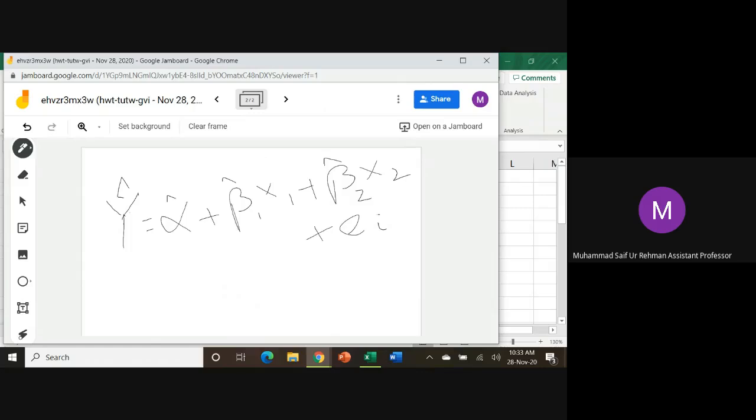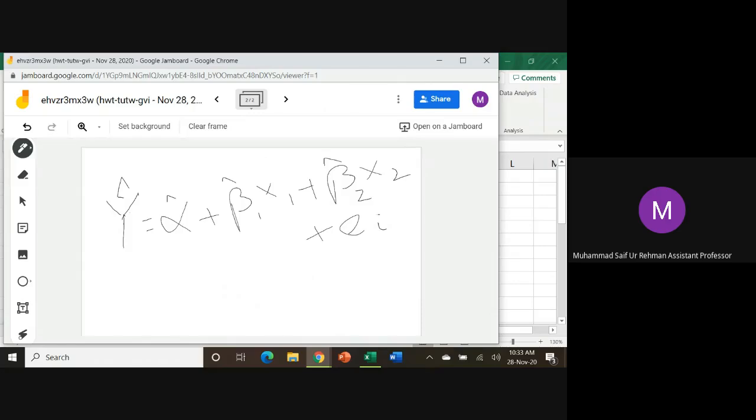Okay. If you recall, we basically derived the formula for alpha hat and beta 1 hat, and we didn't derive the formula for beta 2. So let me see how we can find out the value for beta 2.